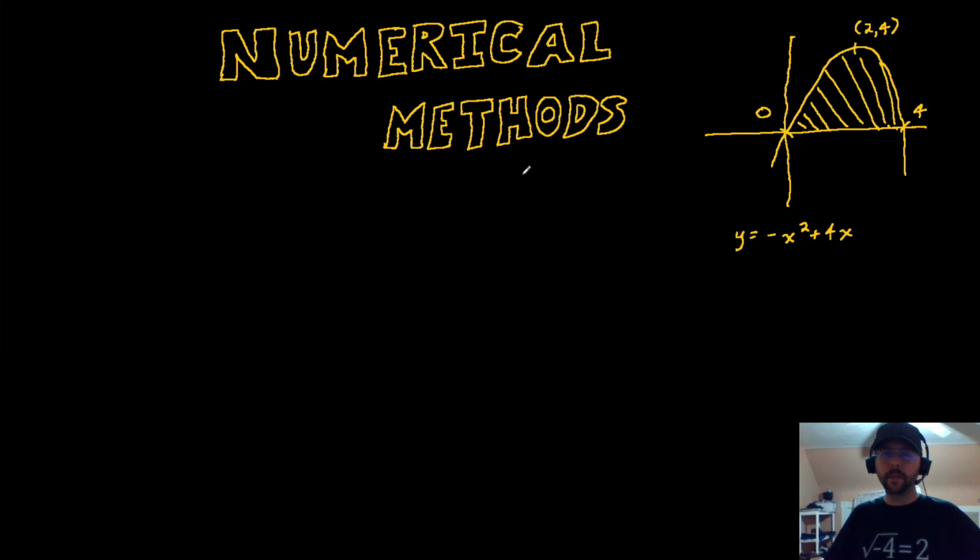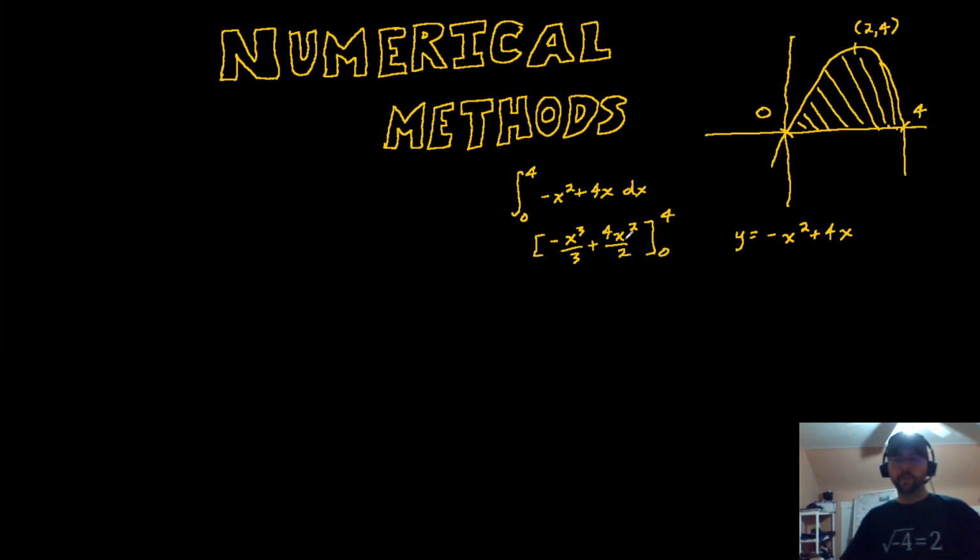So this is the integral from 0 to 4 of f of x, which is negative x squared plus 4x, dx. This is going to be negative x cubed over 3 plus 4x squared over 2, evaluated from 0 to 4.